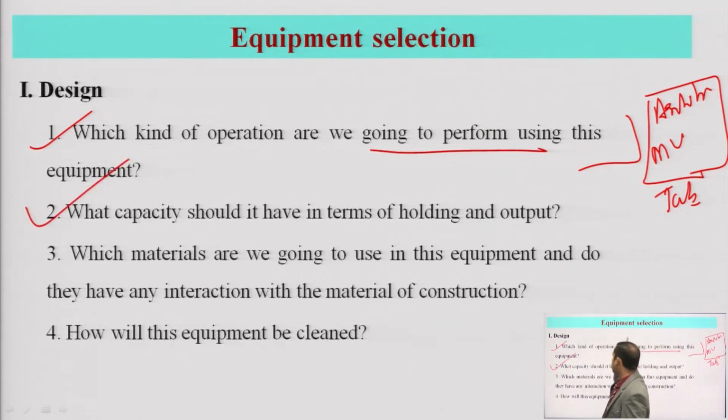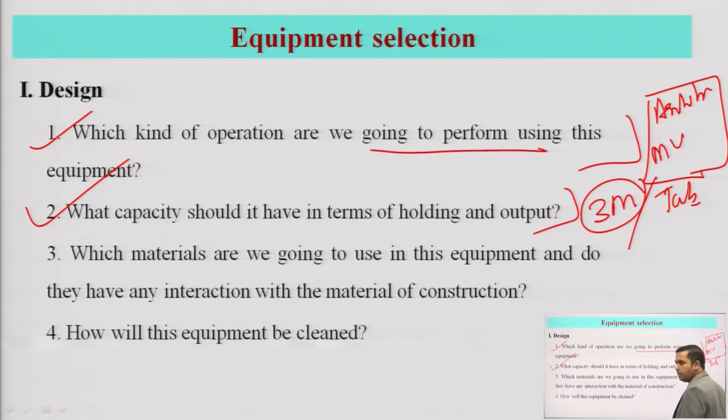Then, what capacity should it have in terms of holding output? For example, how many tablets are you producing, for example, 3 million tablets per day. Which materials are we going to use for this equipment, and do they have any interaction with the material of construction?